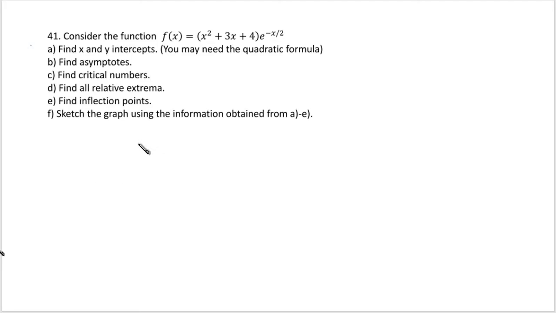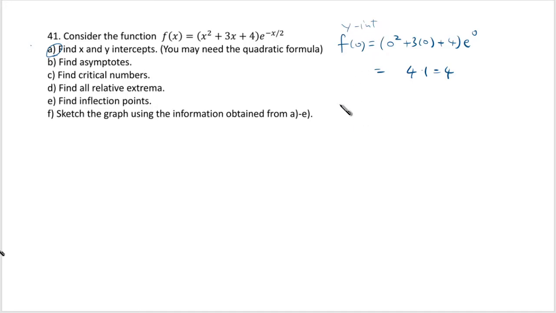Okay, next question. Consider the function f of x as this. Find x and y intercepts. Okay, so you plug in 0, which is 4 times 1, which is 4. That's going to be your y-intercept.